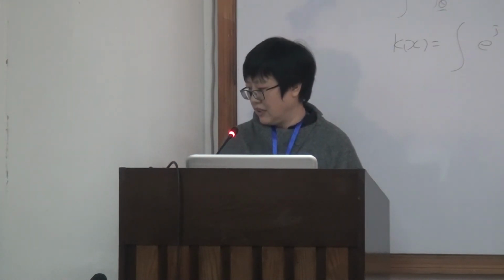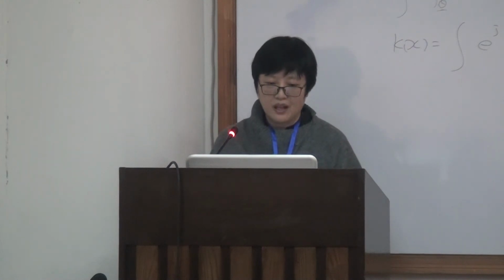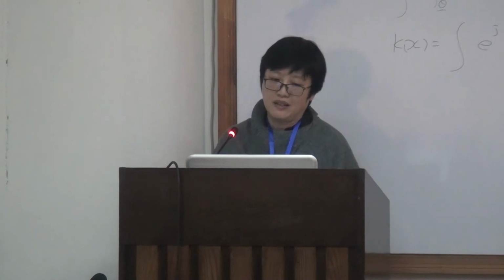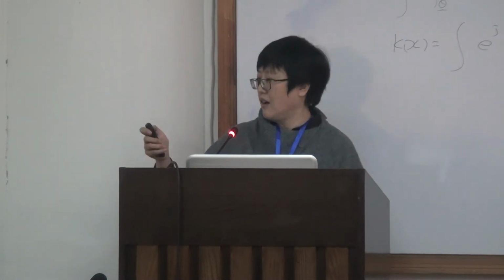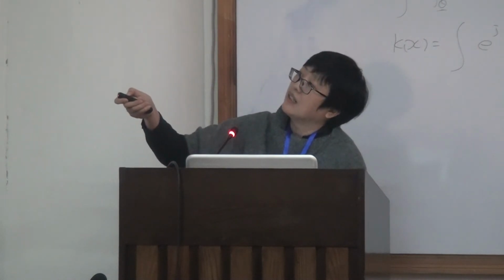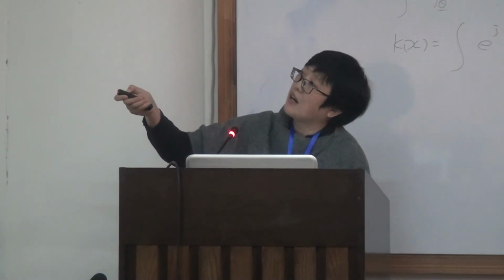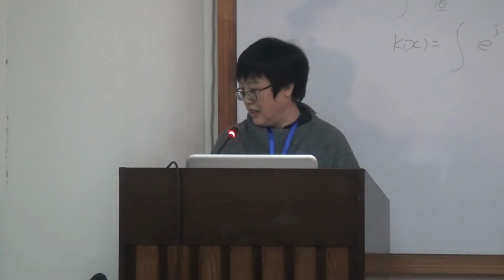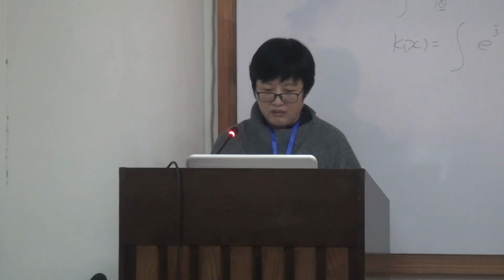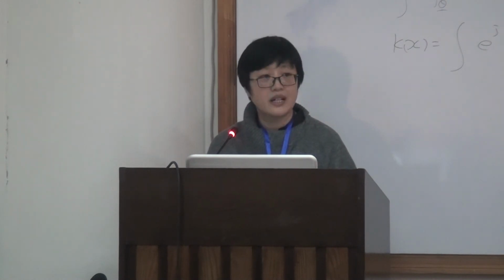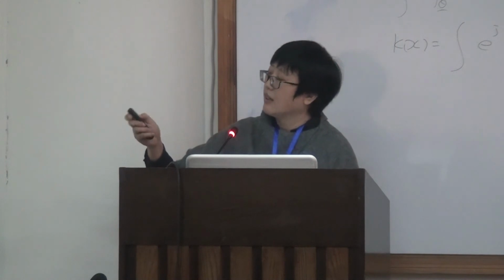And for the optimization step, we just fix one to optimize another. For example, in the first step, we fix W and optimize S. We just compute the derivative, okay?